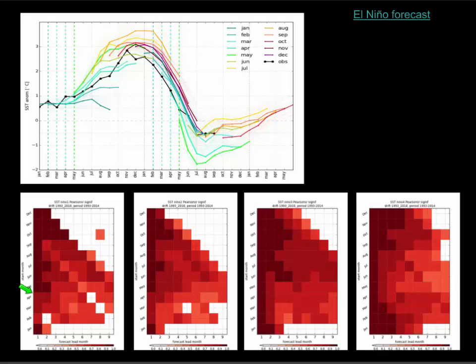So if we initialize our forecast in spring, then right away we really are not able to say what's going on. And one of the reasons why is because during the spring, usually the Pacific Ocean is very quiet. The processes that happen there are on a very small scale, and those are very hard to capture.